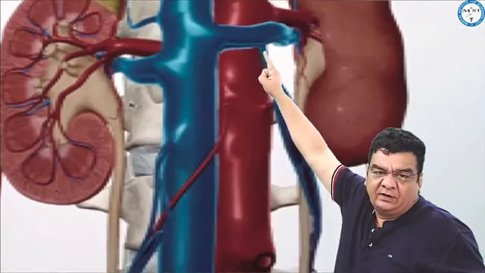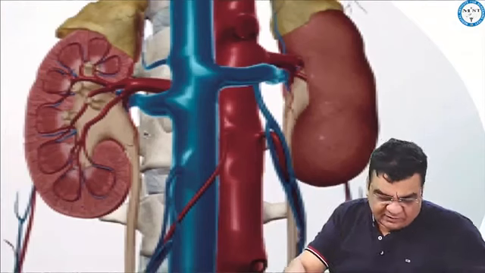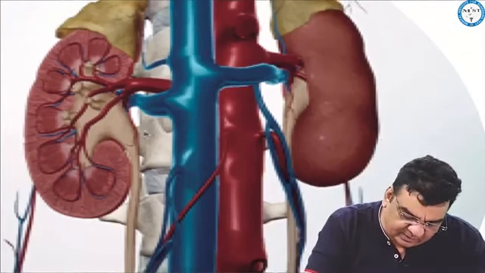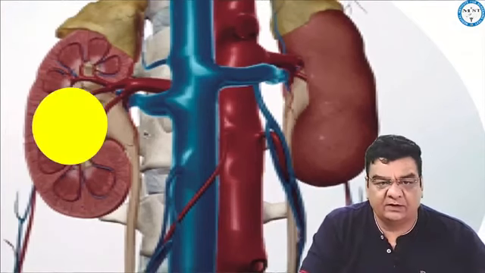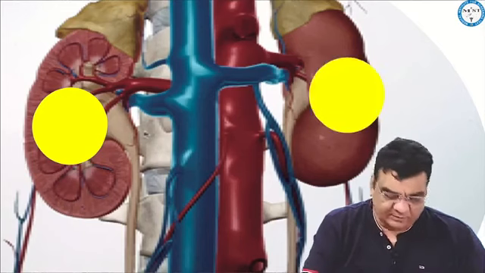renal vein. Now just imagine, beta, suppose there is a cancer in the kidney, a cancer here versus a cancer here.